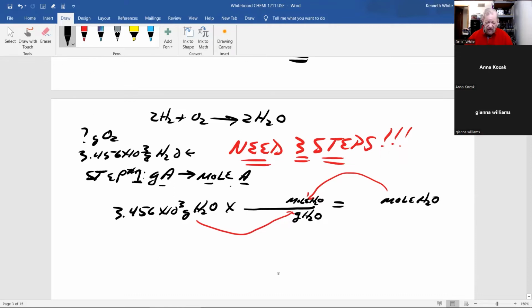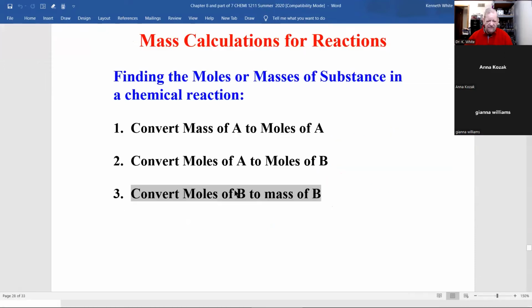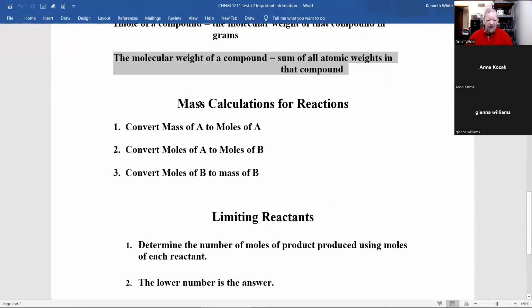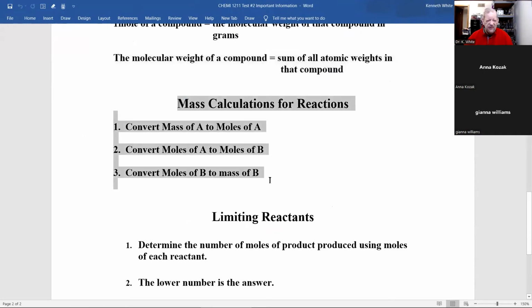And by the way, I should have also pointed out, that's the wrong place to look. Important information, test number 1, mass calculations for reactions. I will give you that. In the past, students have had to memorize this, but I'll do that.